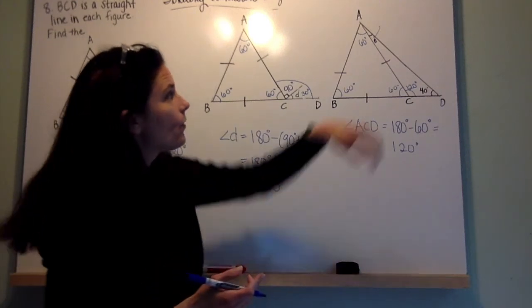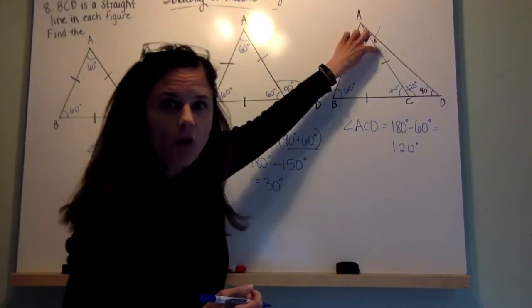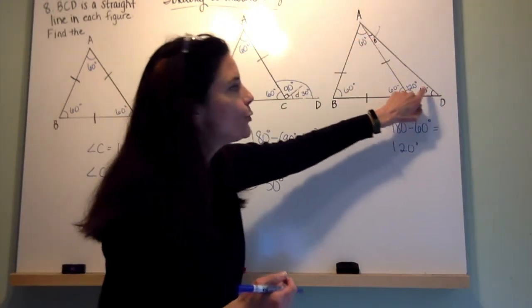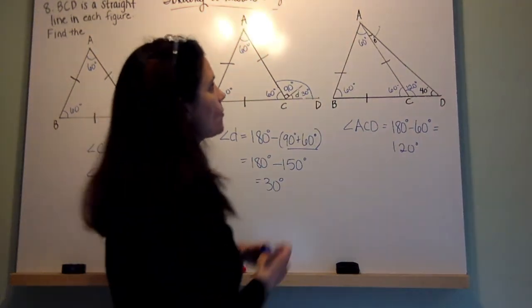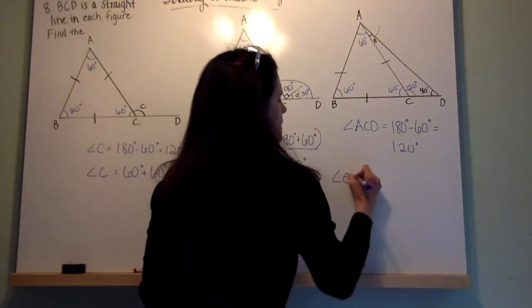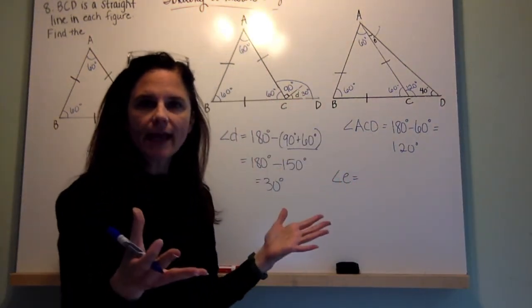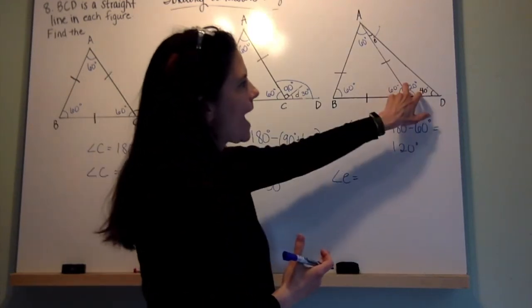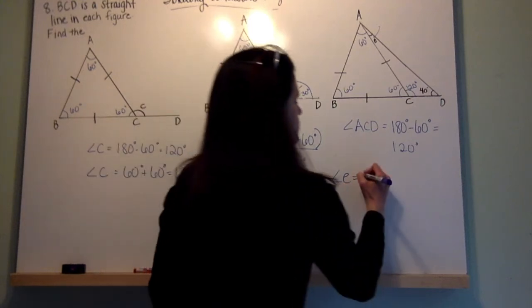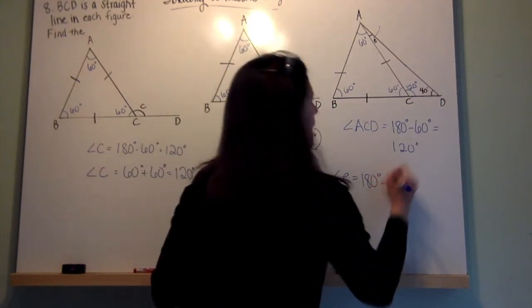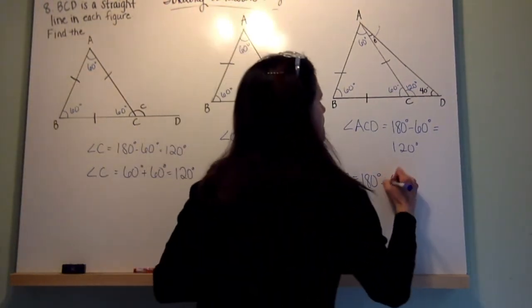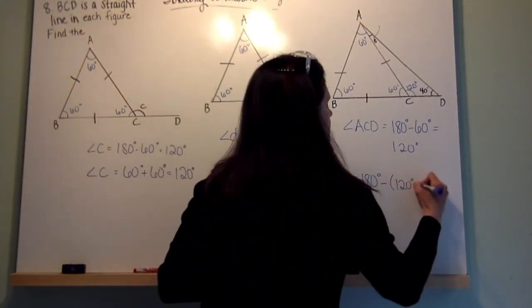Now, looking at the third angle of this smaller triangle, I can solve for that because I know the other two angles. So to find angle E, I simply take 180, the sum total of all the angles in a triangle, and I subtract the sum of the other two angles. So let's try that. 180 degrees minus the sum of those two angles, 120 plus 40.